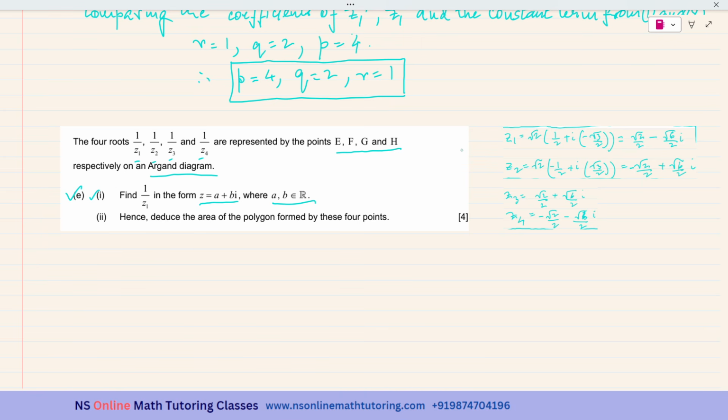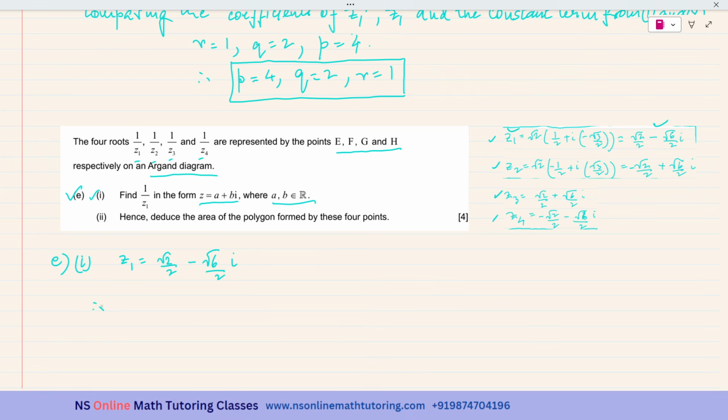Okay, and these are the four roots that we had found previously. So for 1 over z1, z1 is equal to root 2 over 2 minus root 6 over 2i. Okay, this one.